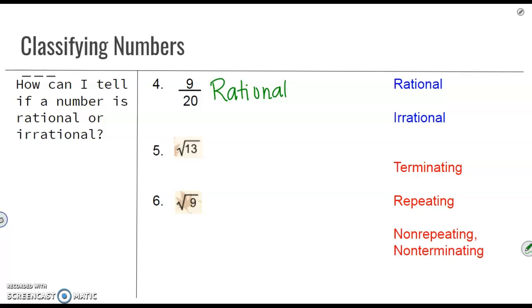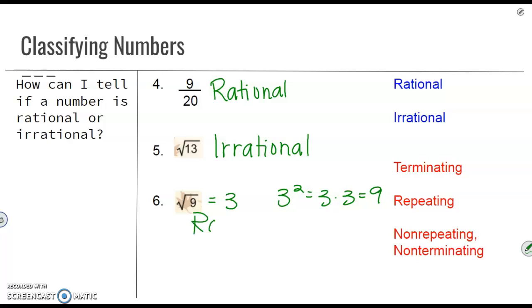I cannot multiply a number times itself to give me 13, so it is an irrational number. The square root of 9 equals 3. 3 squared is 3 times 3, which equals 9. Since the square root of 9 is 3, meaning that it is a perfect square, it is a rational number.